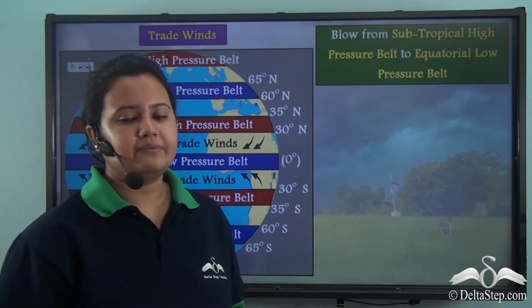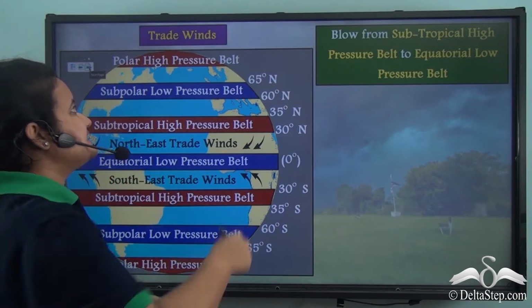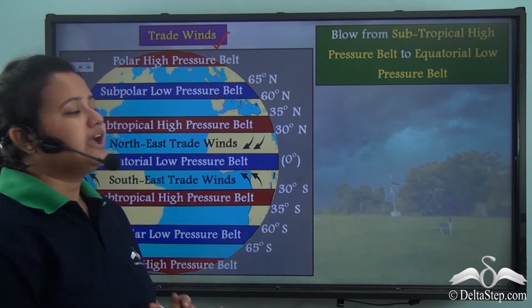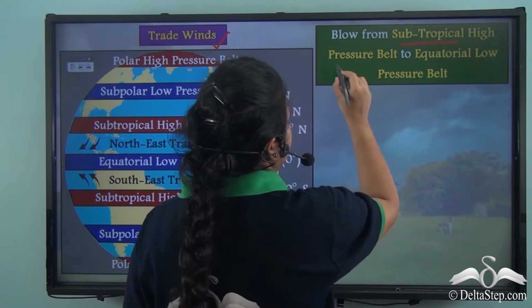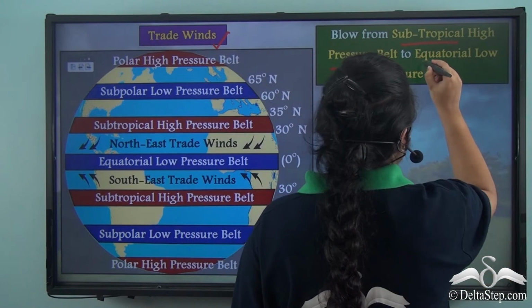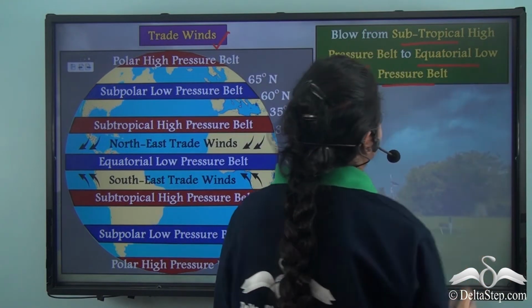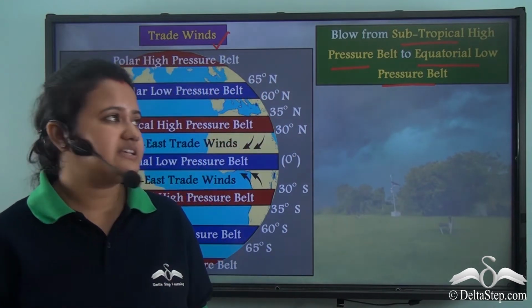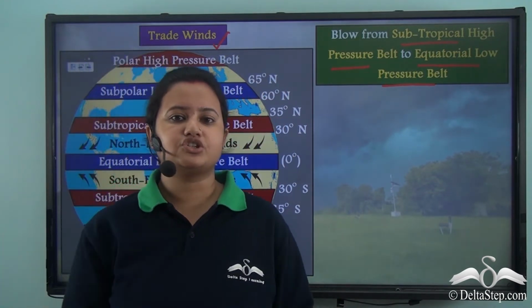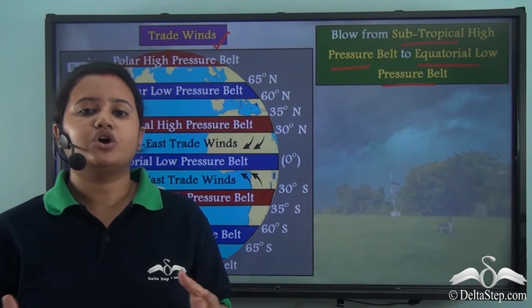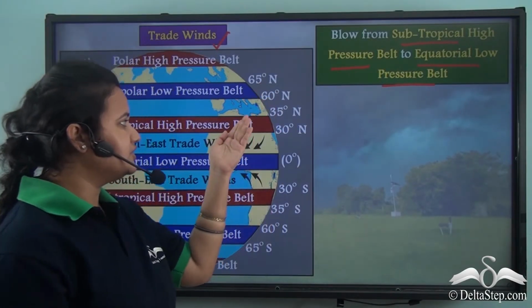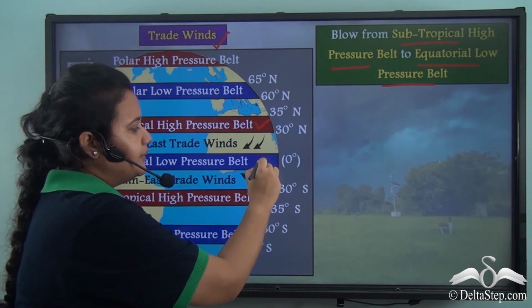The first type of planetary wind is trade winds. Trade winds blow from subtropical high pressure belt to equatorial low pressure belt. Now, this is very easy to remember. Just remember one thing, that winds always blow from high pressure region to low pressure region.